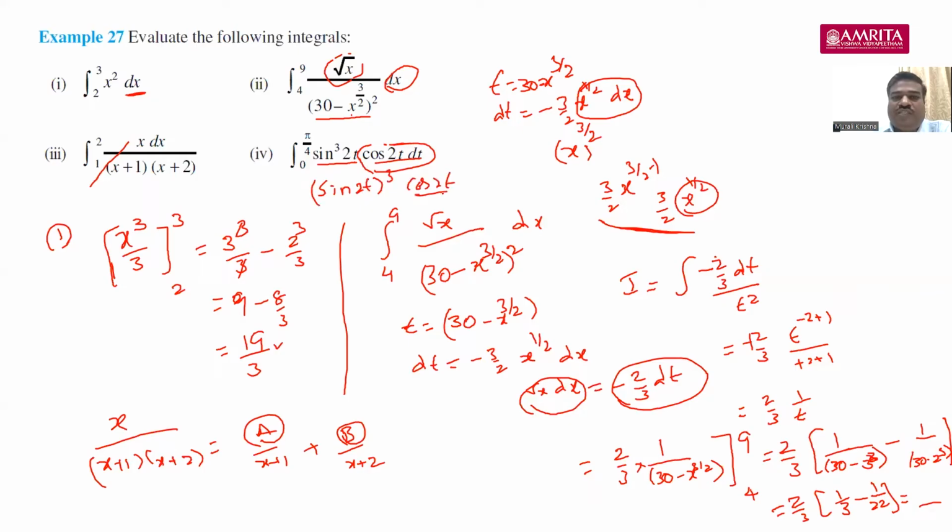This is the way you need to understand. So cos 2t dt is there. If you just remember the derivative of sine 2t, 2 times of cos 2t is the derivative of sine 2t. But here that term is present. Please notice. So in this question you need to take u equal to sine 2t.